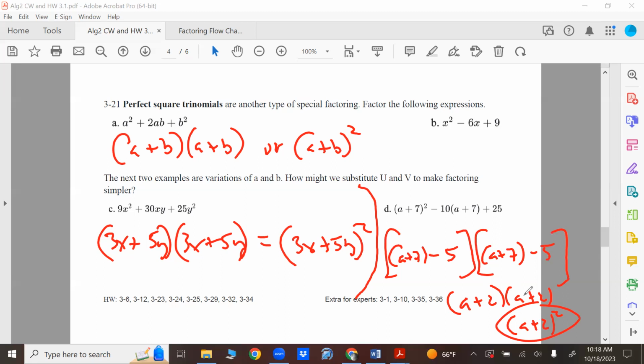And there you go. So that's a little tricky, but you have to recognize the pattern, right? Oh yeah, those are perfect squares. But instead of a single variable, we have A plus 7, so just think of it like a single variable and you'll be fine. Okay.